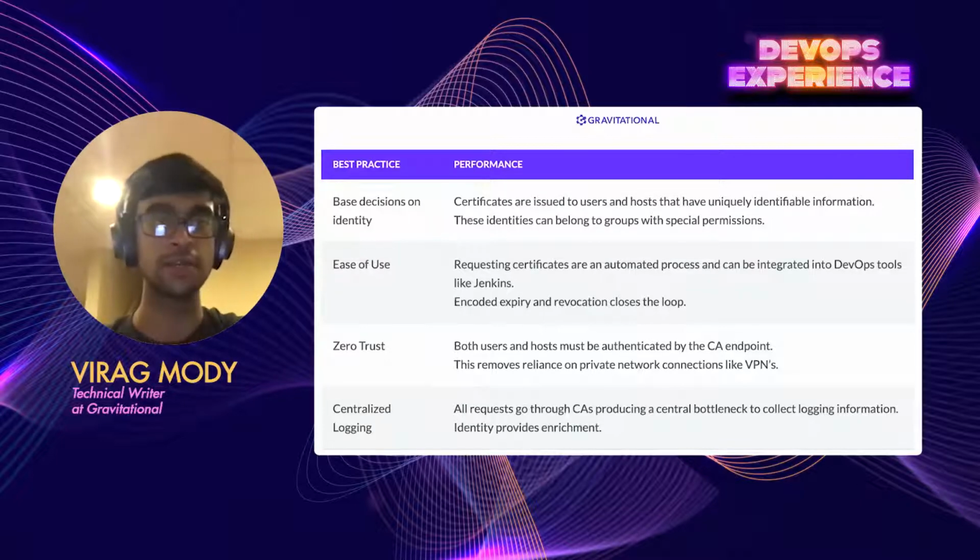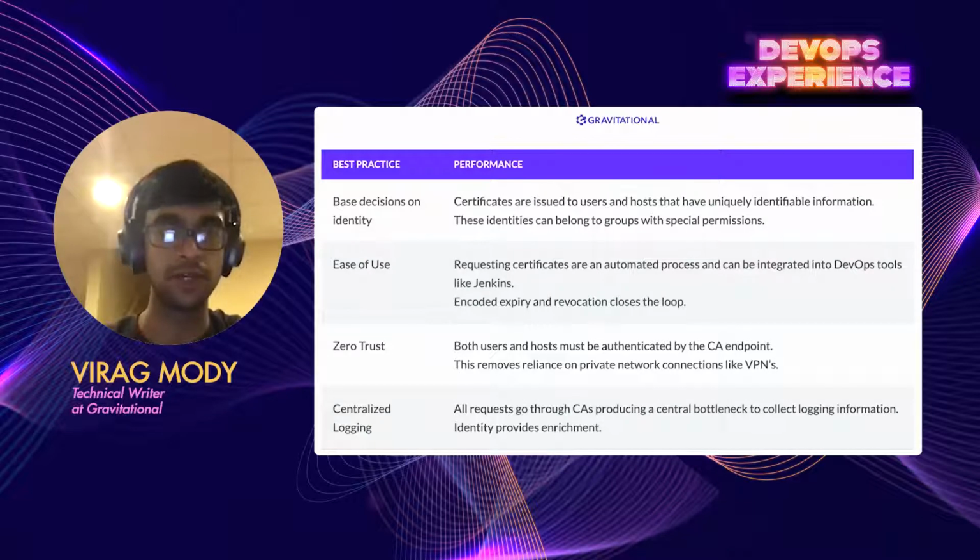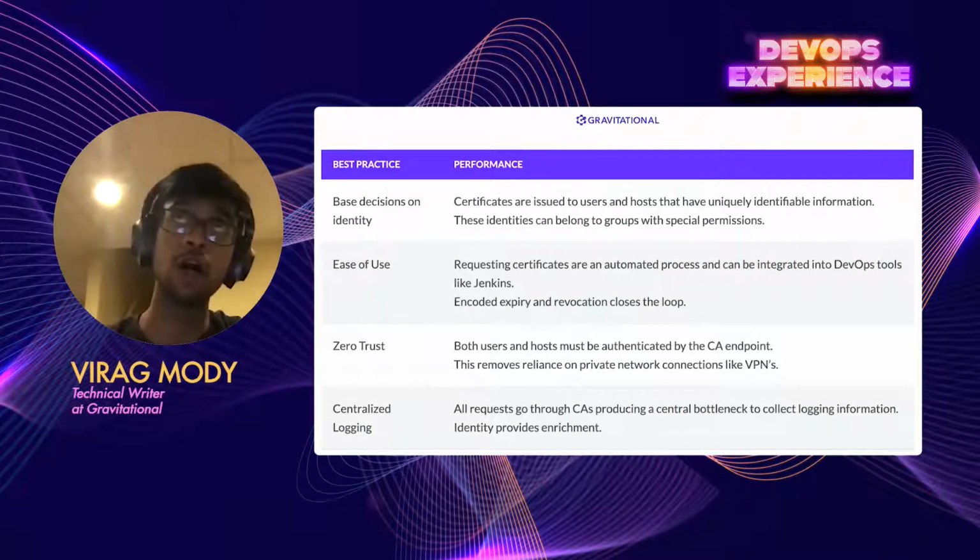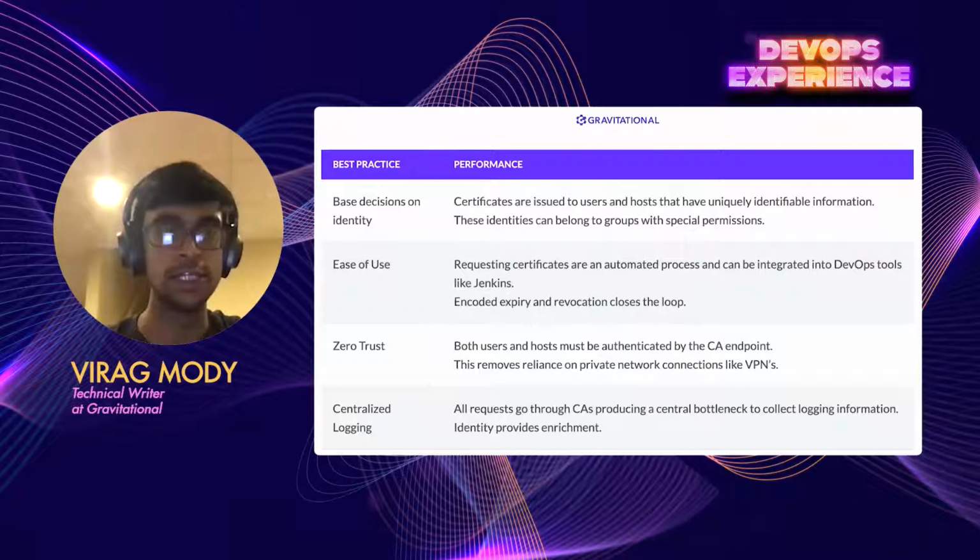The purpose of this exercise is to show how SSH certificates are better than keys by framing them in the context of these 4 principles. If you're still skeptical about this, which by all means you should be, anytime someone tells you something about security, always question them. But if you are uncertain, I suggest you try this exercise with your own setup.